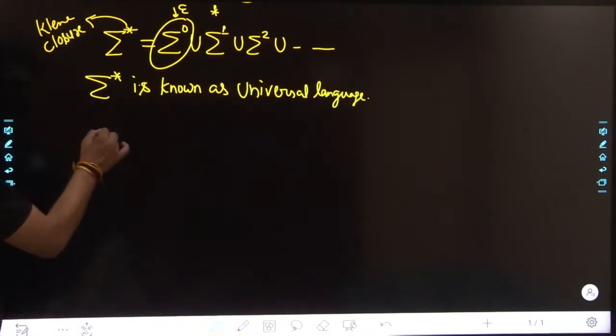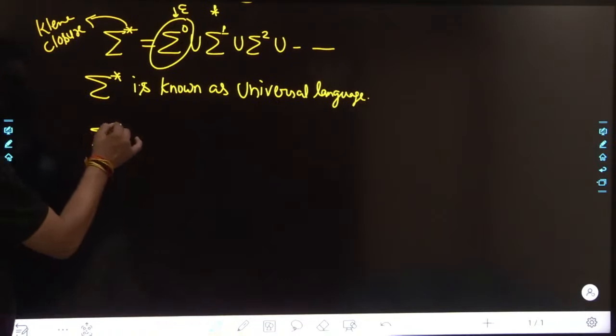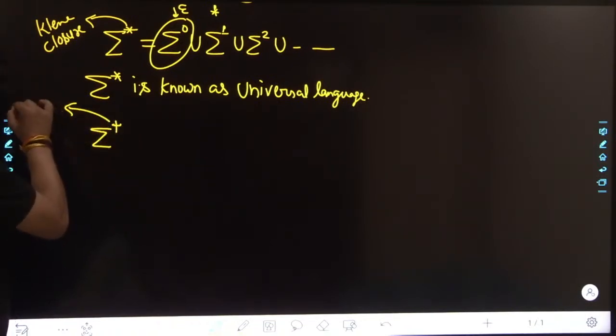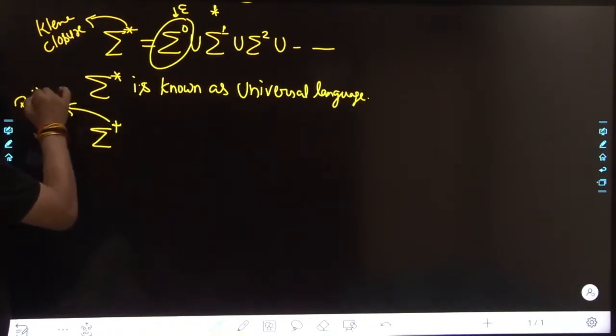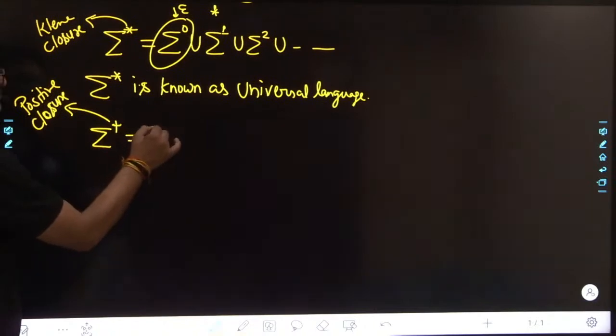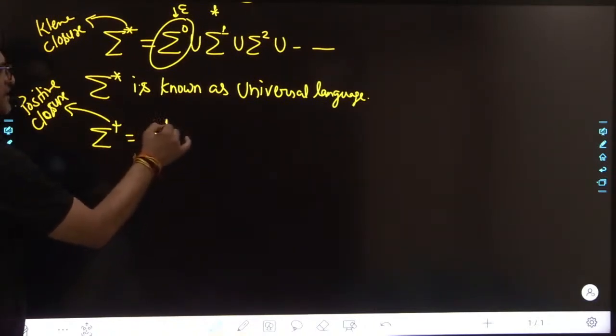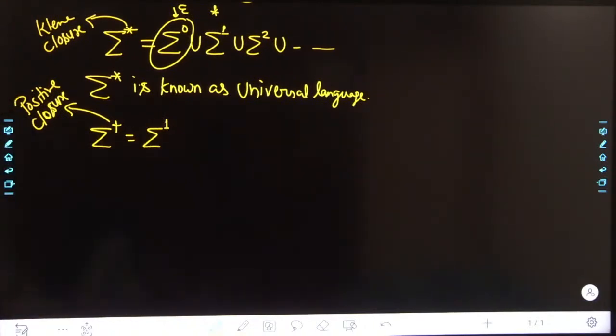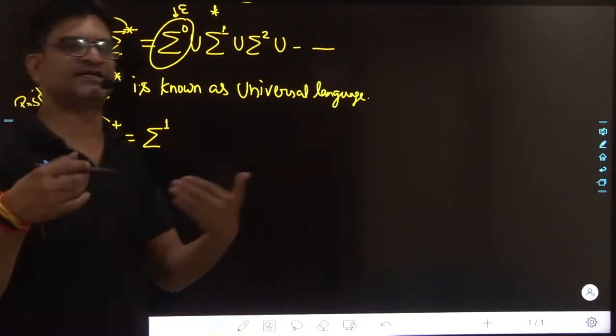Now, another term is sigma to the power plus. This plus is known as positive closure. What is sigma plus? It starts from 1 length strings. It is a combination of 1 length, 2 length, 3 length and so on.